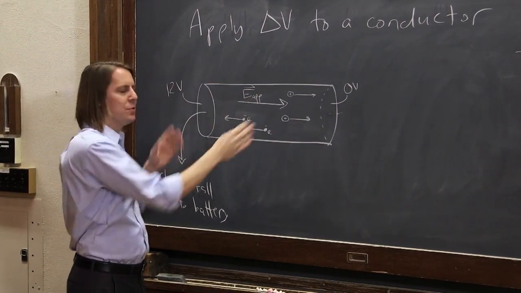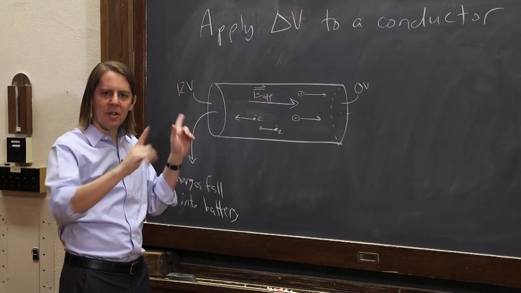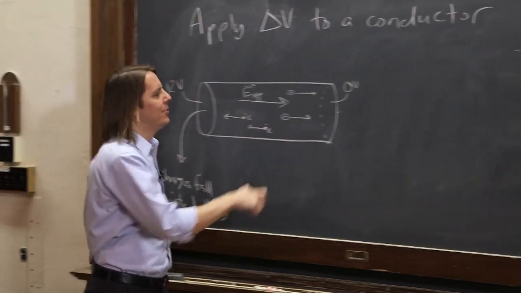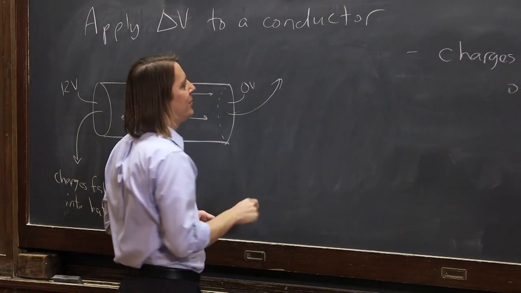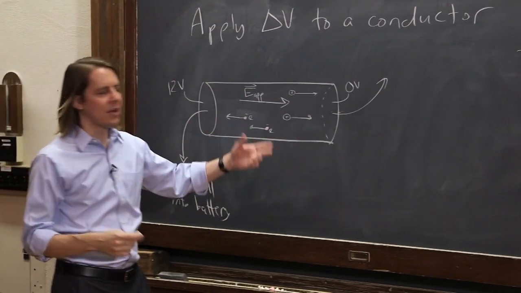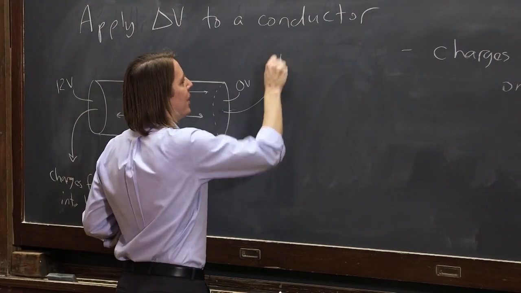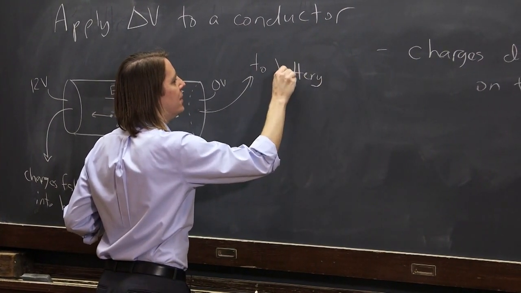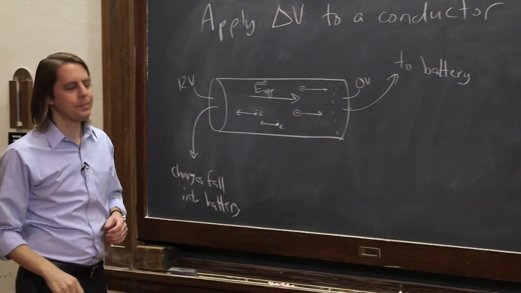Now we're touching it to a battery. And at the battery terminals, chemistry wants to happen. And the electrons say, I'm not just going to sit here, I'm going to go complete the chemical reaction in the battery. Same thing happens here. The positive charges, the lack of electrons, contribute to the battery. That's how the battery maintains a constant potential.